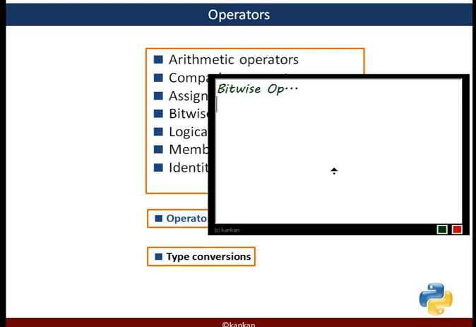Bits will be manipulated. Suppose 1 1 0 1 0 1 0 is a bit pattern. If you shift it to the left side by 1 bit position, what will be the value? 0 0 1 0 1 0 0.